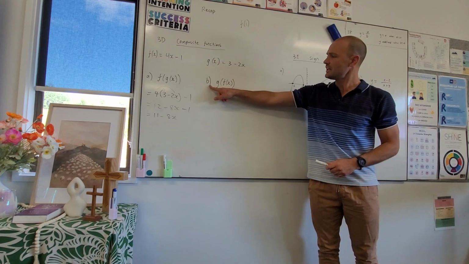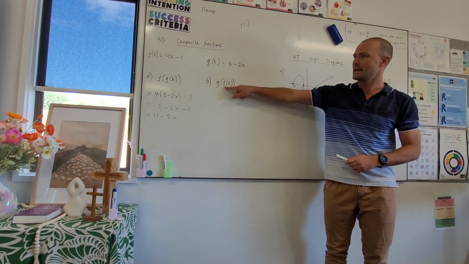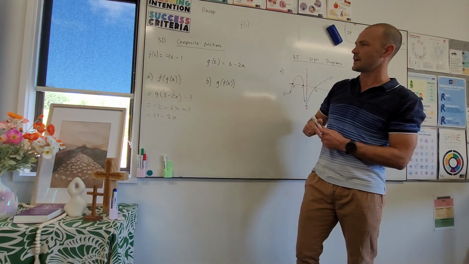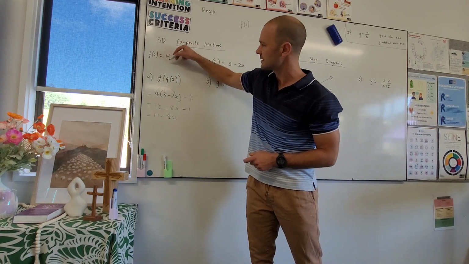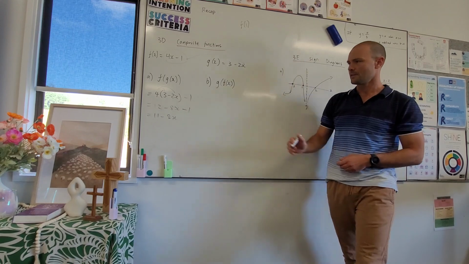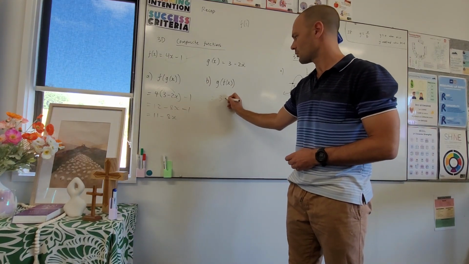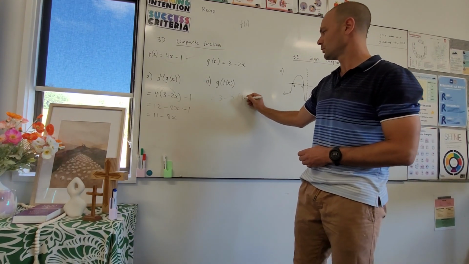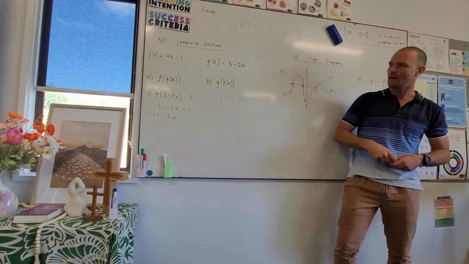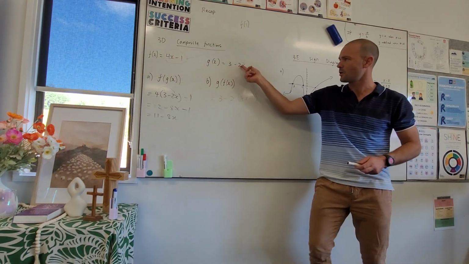Now we've got g of f of x. Now we're going to put the f of x function into g of x everywhere there's an x. So this is going to come here. All right, so that's going to be 3 take away 2 lots of 4x take 1. The whole function f of x is going right there.